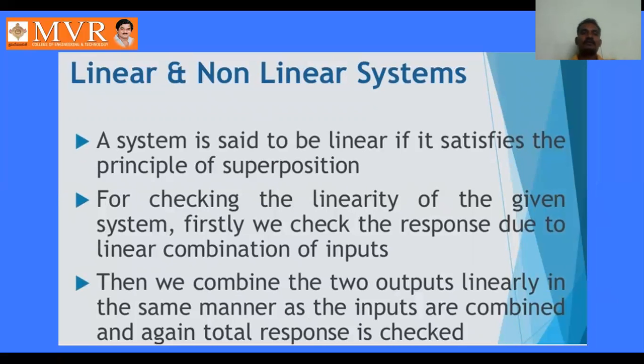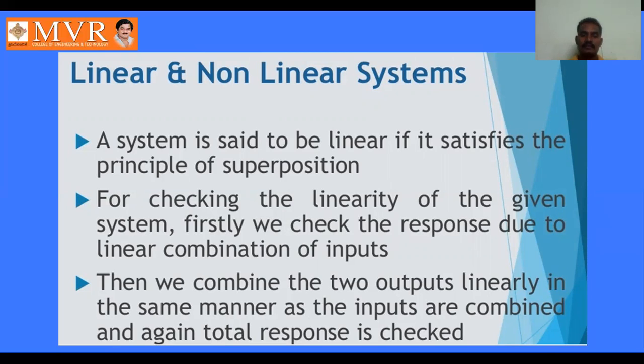Then coming to the linear and non-linear systems. What is meant by linear system? A system is said to be linear if it satisfies the principle of superposition, that is additivity and homogeneity. For checking the linearity of the given system, firstly we check the response due to a linear combination of inputs, that is x1 of t plus x2 of t.